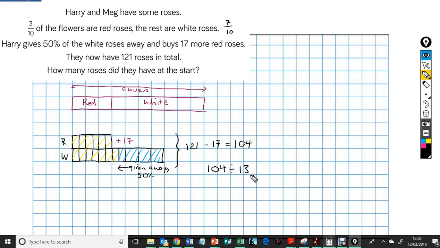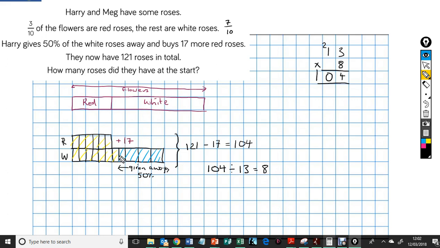So my guesstimate is going to be 8, and I'm just going to check that. So we're going to do 13 times 8. 3 times 8 is 24, and yes, indeed, we get 104. So 104 divided by 13 equals 8.